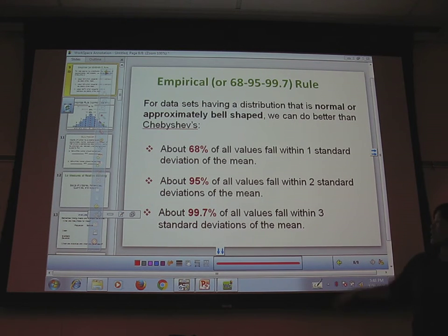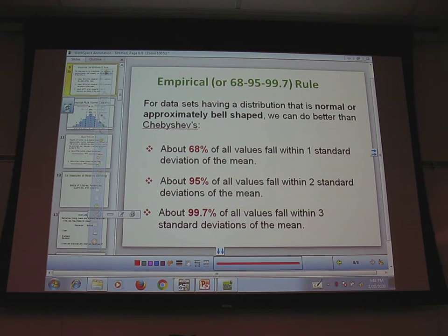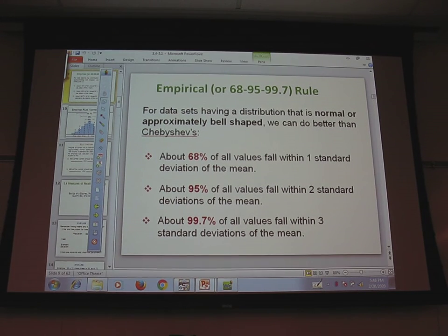And Chebyshev says that with 3 standard deviations, it's between 89% and 100%. This one's more accurate. It says right around 99.7%, so between 99 and 100, right in that range. Okay, so that makes that a lot clearer.